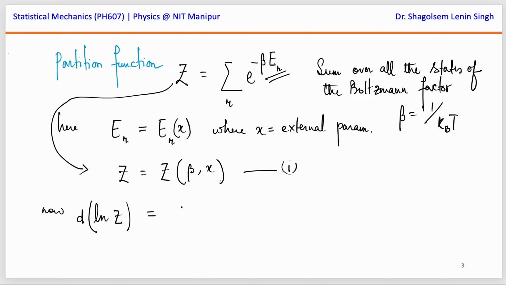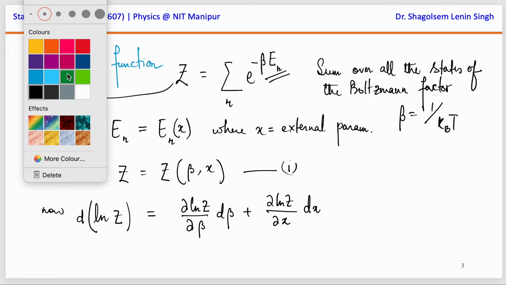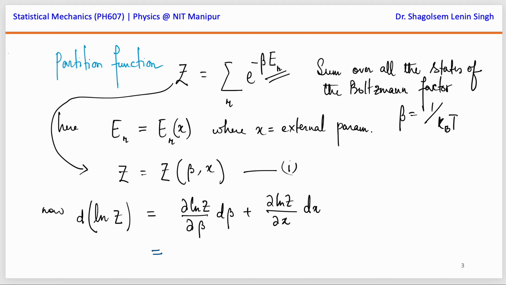Now let me write down the following: d log Z equals del log Z by del beta, this is partial, d beta, plus del log Z by del x dx. This is our expression.